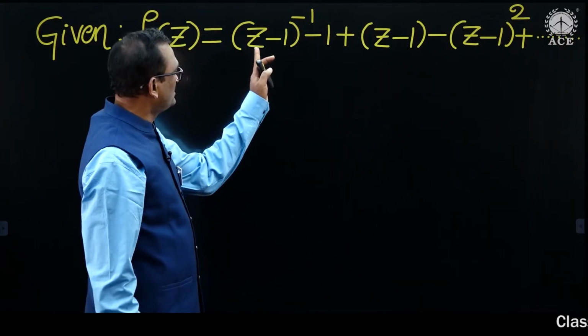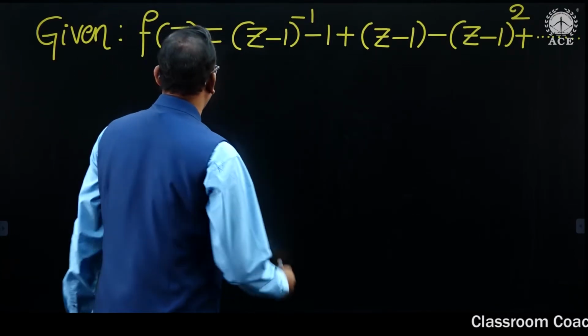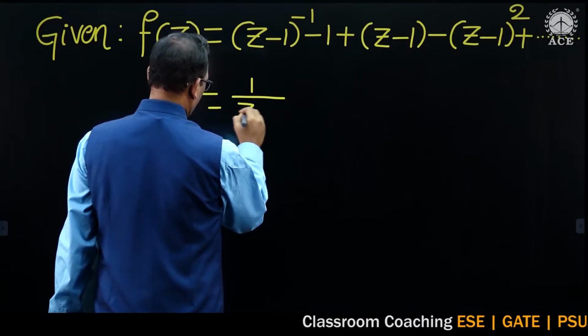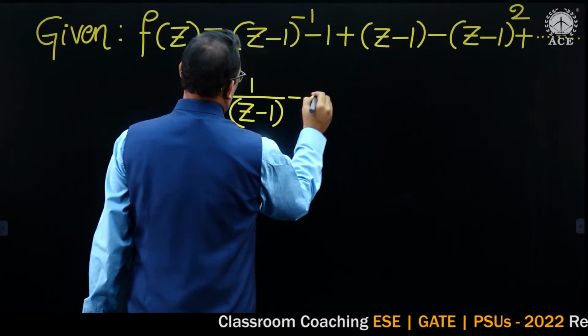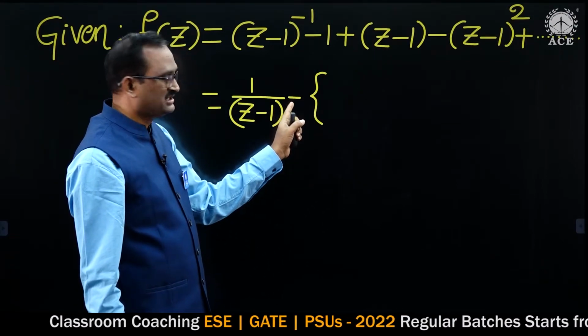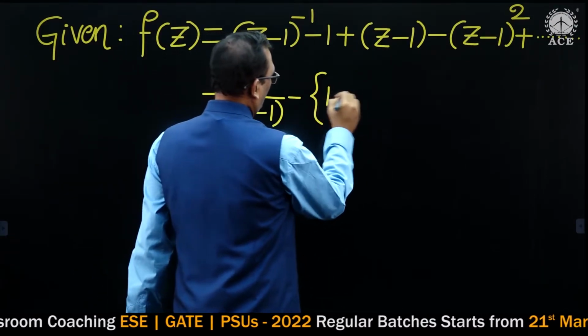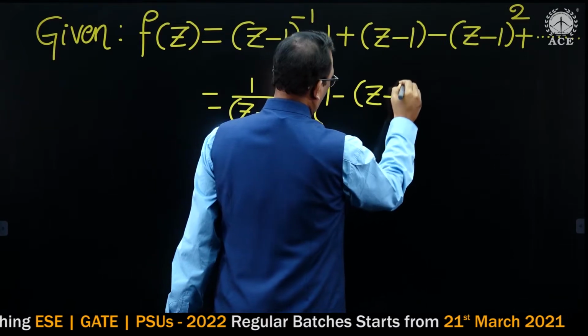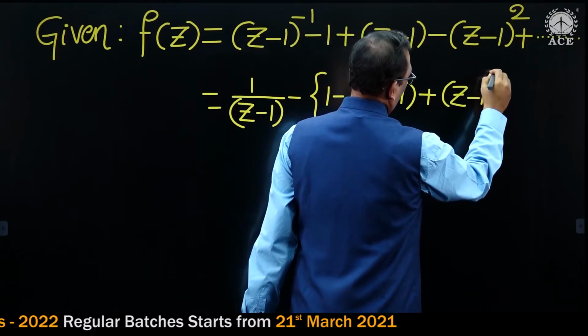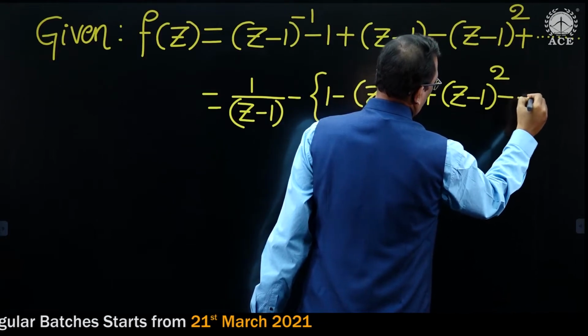Now (z minus 1) whole power minus 1, that is 1 by z minus 1, minus, from the remaining terms taking the minus symbol as common, it is 1 minus of (z minus 1) plus (z minus 1) whole square minus so on.